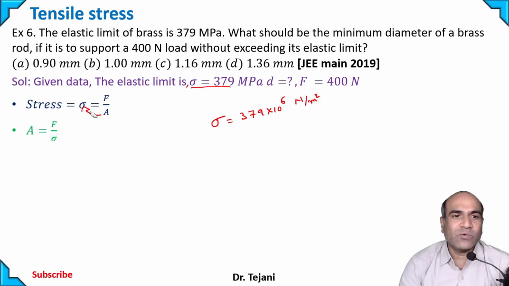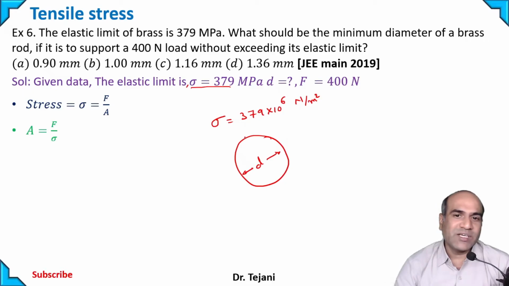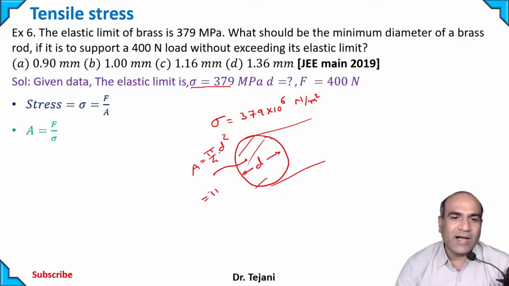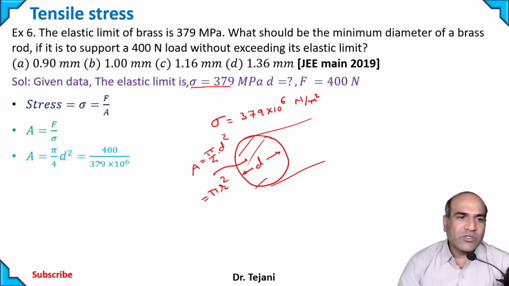Area is equal to force by sigma. The object has diameter D, so its cross section is circular, and therefore the area is pi by 4 d square, or pi r square.